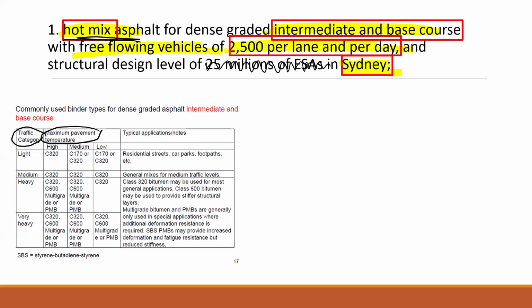Do we know the maximum temperature? We know it as Sydney, and we need to know whether it is high, medium, or low, okay? And the traffic condition, we know it is 2,500 per day per lane. And we need to know whether this 2500 means light, medium, heavy, or very heavy. Am I right?